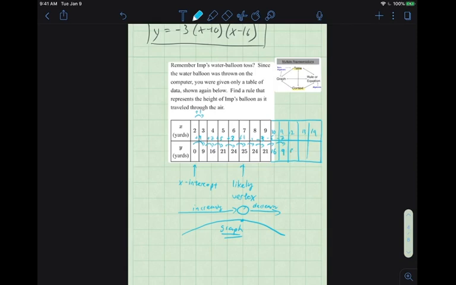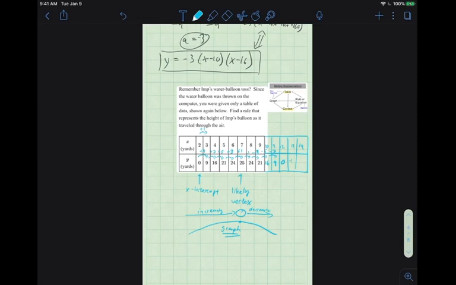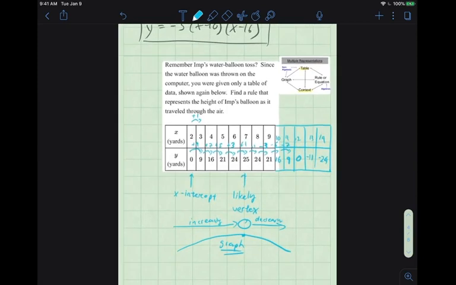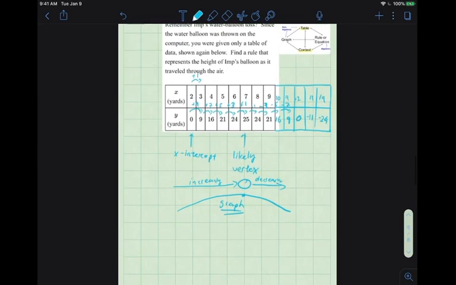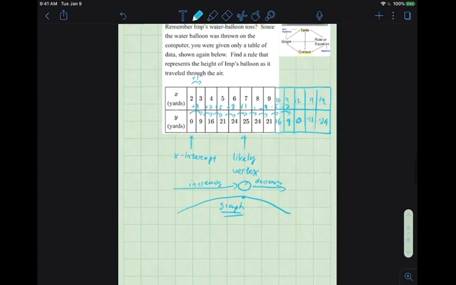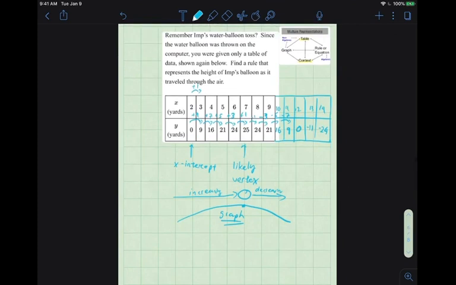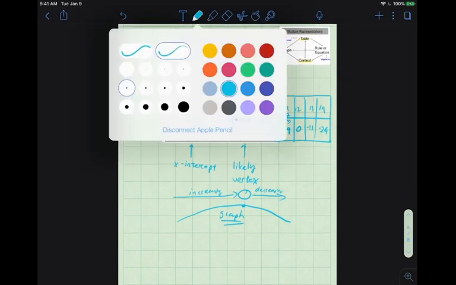We notice, oh, the numbers repeat. Minus 11, minus 13, so on and so forth. So this increasing and decreasing is also where the symmetry is present. Let's use a different color.